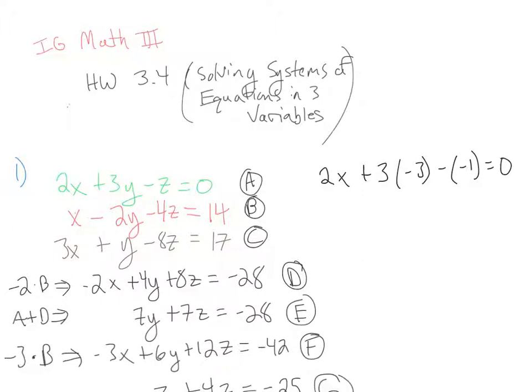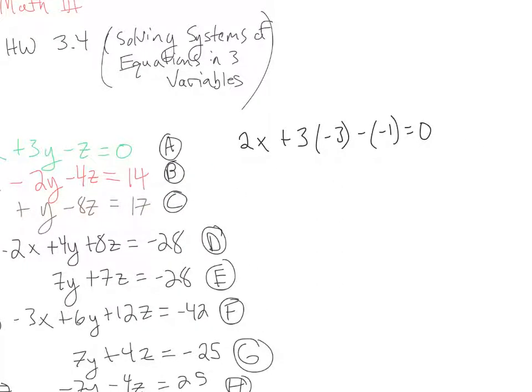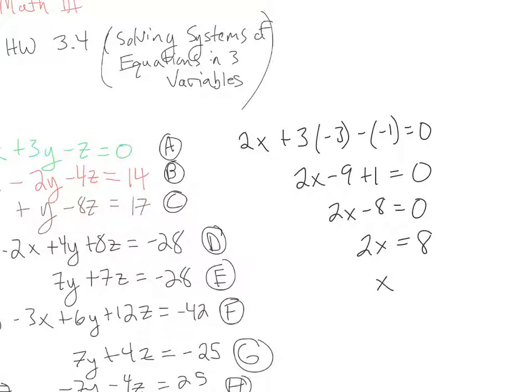Alright, last hurrah. So this gets you 2x minus 9 plus 1 equals 0, leaving you with 2x minus 8 equals 0. Solving that gets you 2x equal to 8 by adding 8 to both sides, and last but not least, divide by 2, and you get x equals 4.